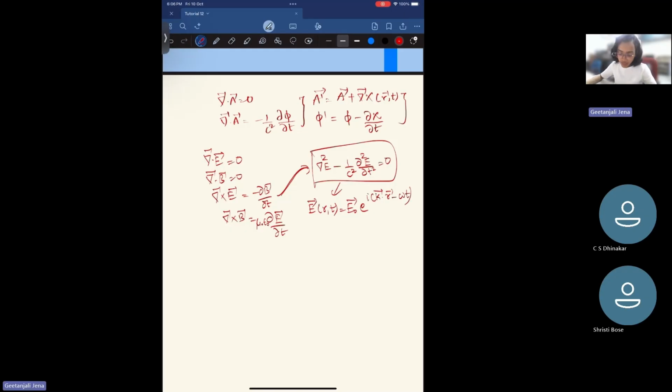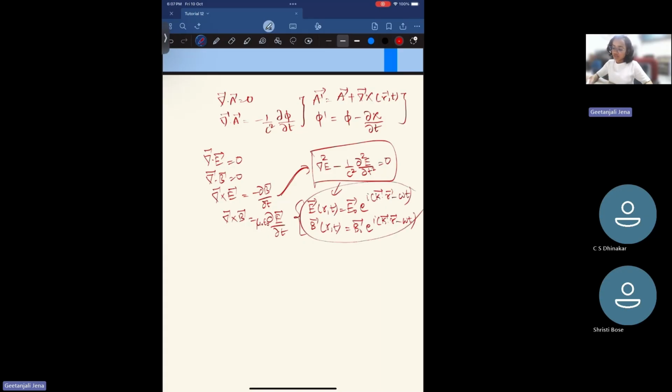Similarly, we can have the magnetic field as a plane wave solution, given by B(r,t) equals B0 e to the power i(k dot r minus omega t). These are the plane wave solutions in vacuum.